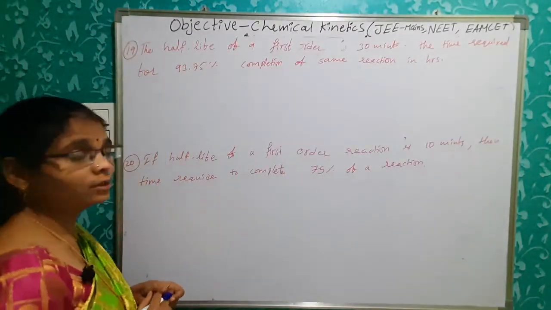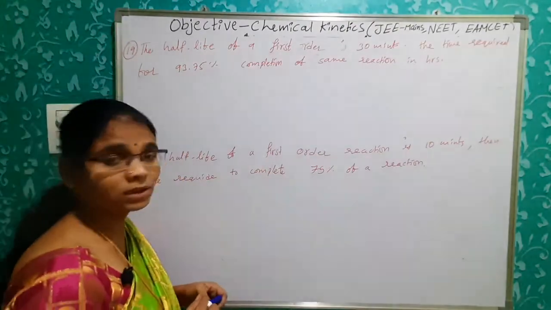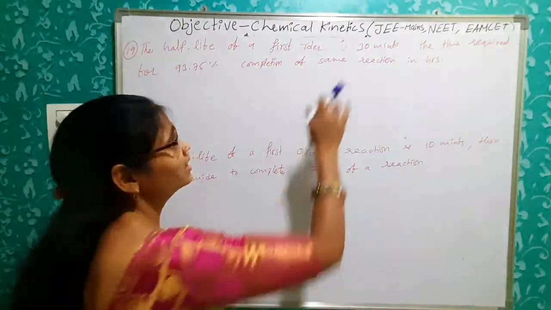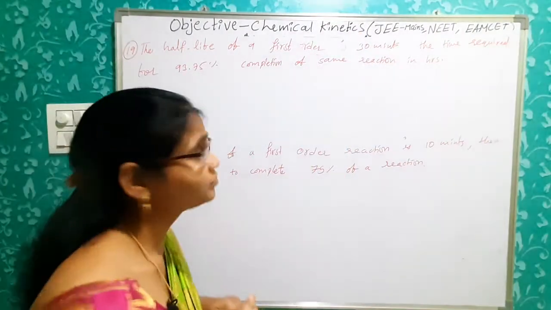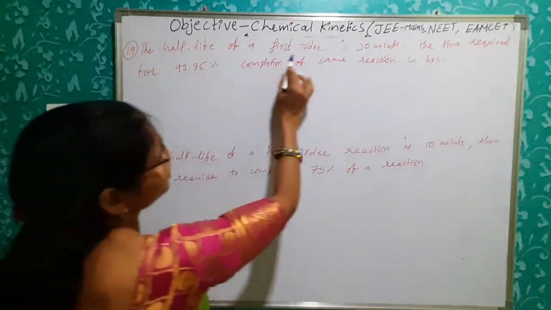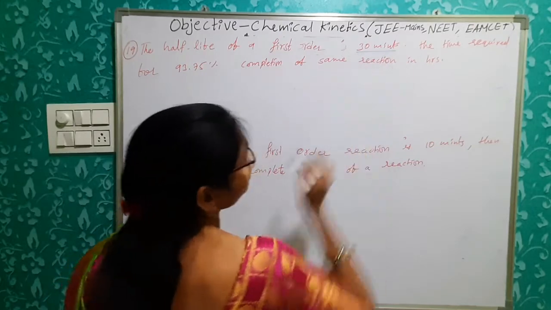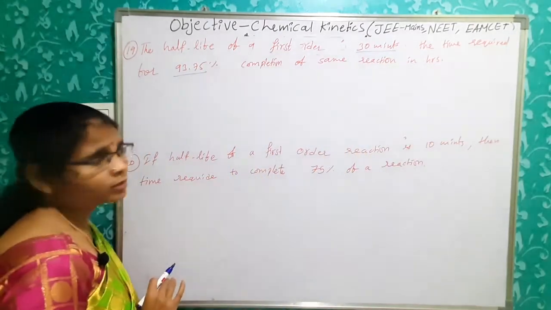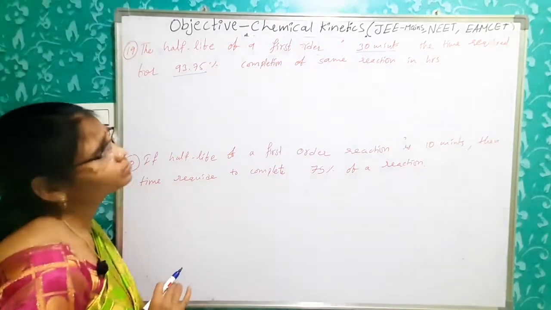19th problem, 20th problem, almost the same problems. So you have to do it. I will give you a hint. Here the half-life of a first order reaction is 30 minutes. The time required for 93.75% completion of the reaction.